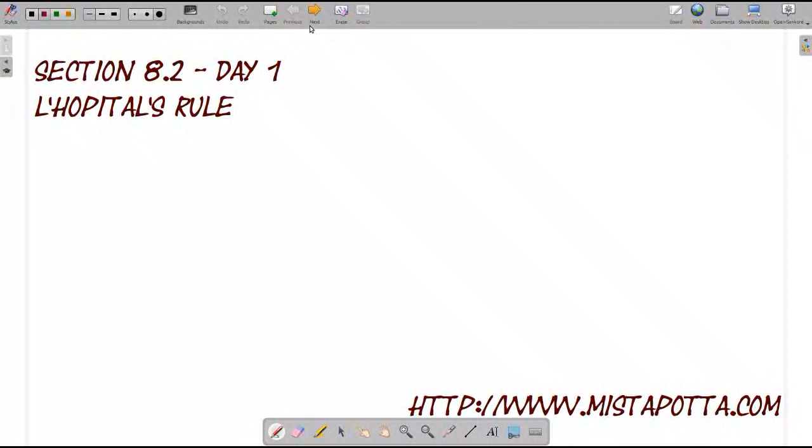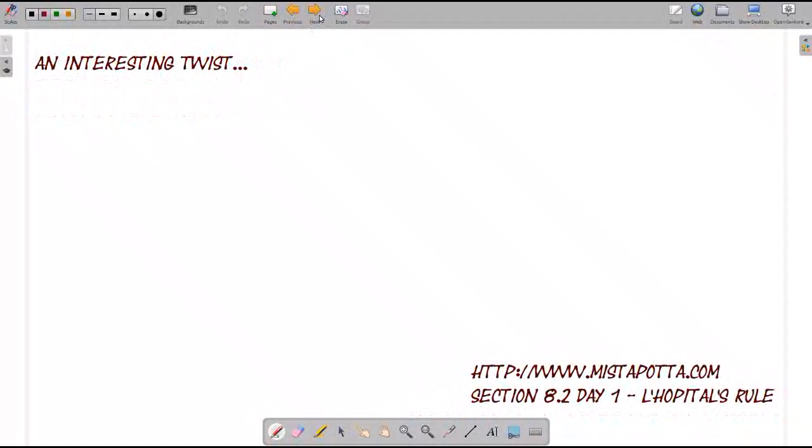So what we have been doing is taking a look at situations of this form: the limit as x approaches some value a of f of x over g of x.